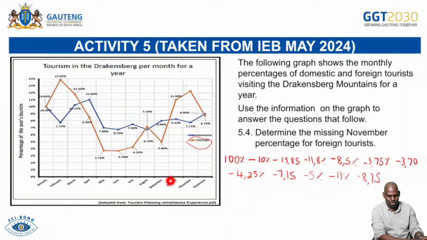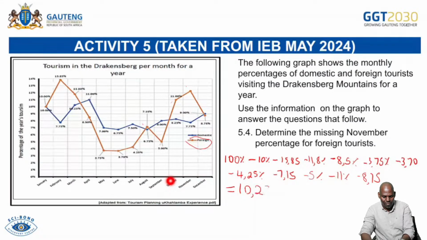So I'm getting 10.25 as the answer, 10.25%. Okay, I hope all the points that are indicated here are correct, but they are exactly as they are because I took them exactly from the graph. Some of them are not that clear, but they look correct, 10.25%.